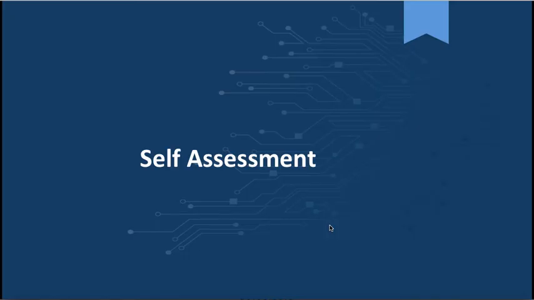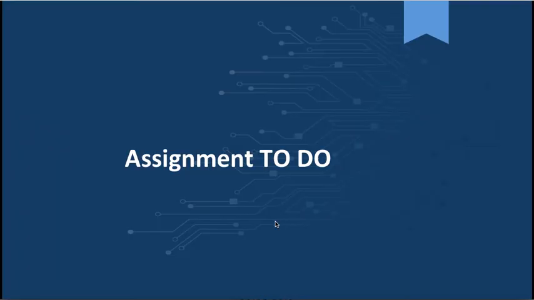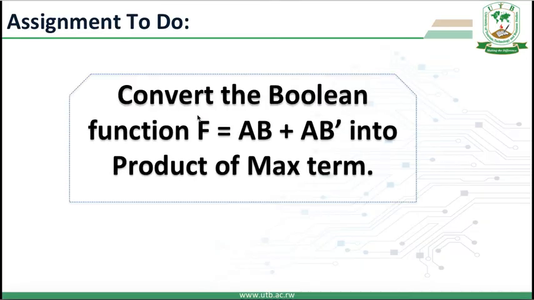Now, based on this explanation, you can do the self-assessment. Self-assessment is 1, 2, 3. You can try yourself. But after doing this, you have an assignment to do. The assignment is to convert the Boolean function f equals A plus B, A B complement into a product of max terms. Keep in mind, it is a product of max terms. The given Boolean expression is in SOP form, but I am asking for the product of max terms.